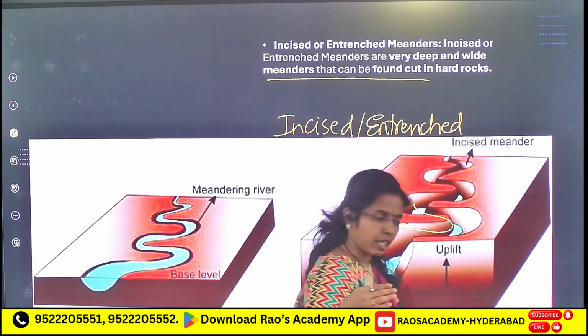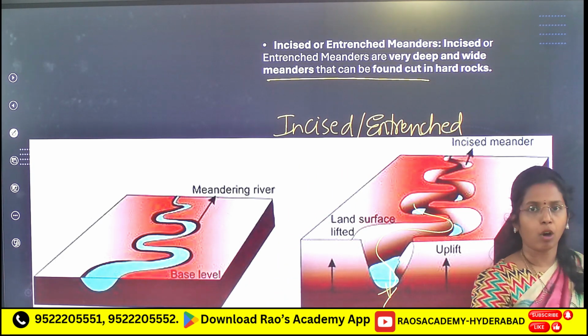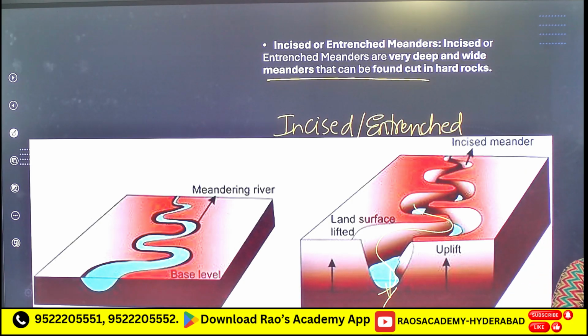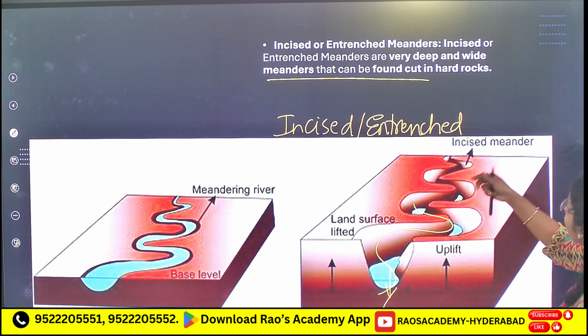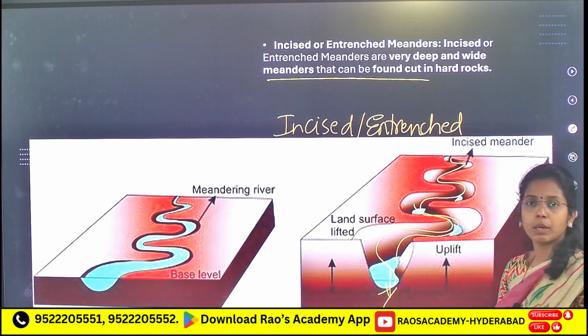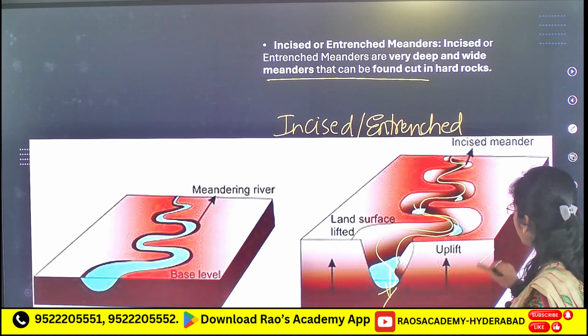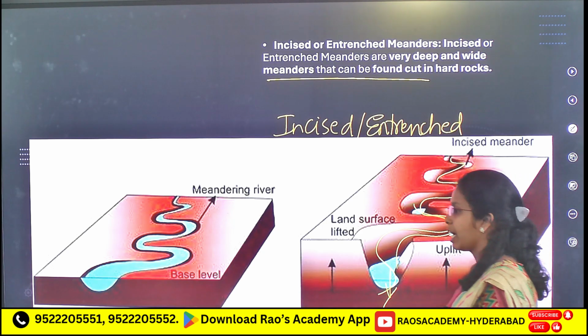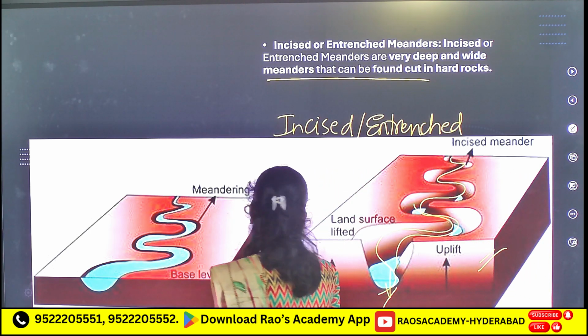Actually, meander is a form of river pattern, how a river is flowing in a loop like structure. But incised or entrenched meanders, when a meandering river is cut into very deep and wide meanders because of erosion, because of vertical erosion, here you will see incised or entrenched meandering.